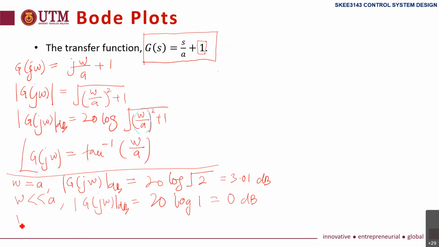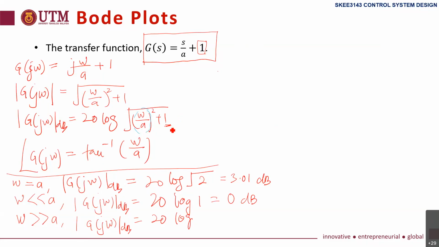What happens in the other condition, when omega is very big as compared to A? Now, omega when compared to A is very, very big. So A here can be ignored, and the 1 also can be ignored, because a high value divided by a small value is very big.